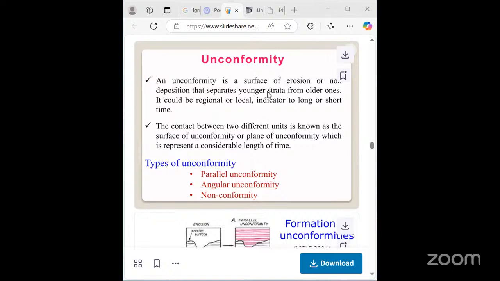It forms when layers of rock are removed by erosion, or when a period of time passes without any new deposition to produce new layers of rock.